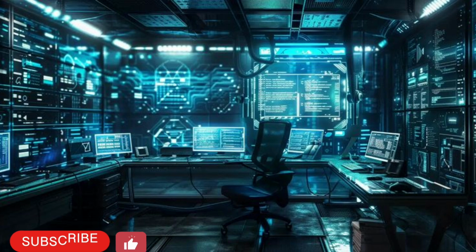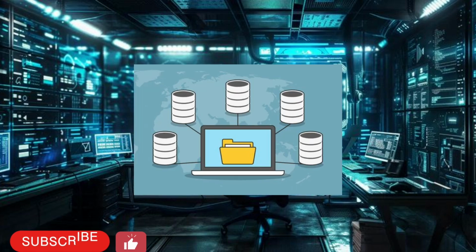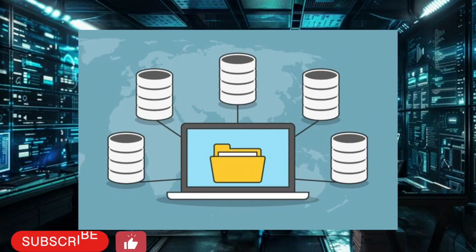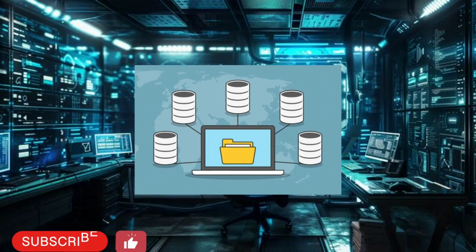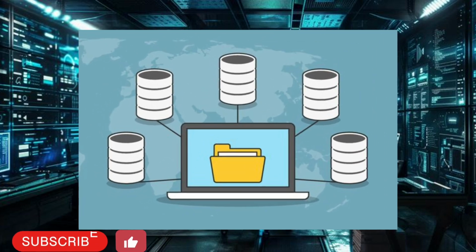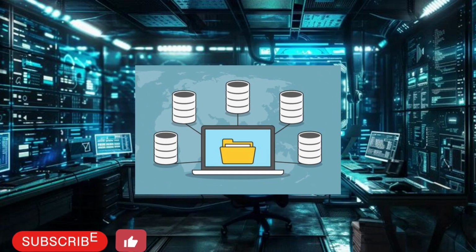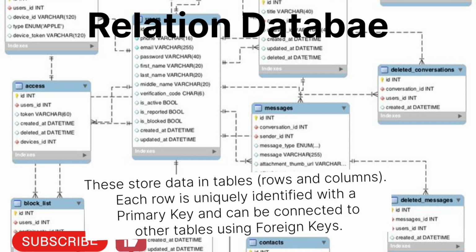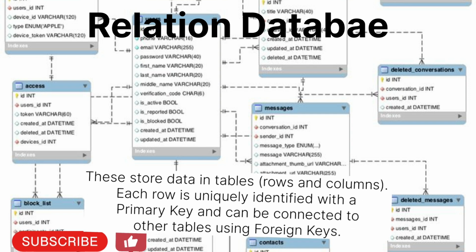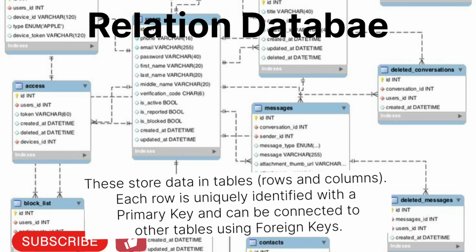Types of databases. Let's look at the two main types of databases you will come across in tech, and I will explain them in a super simple way. Now we talk about the relational database. These store data in tables in the form of rows and columns.